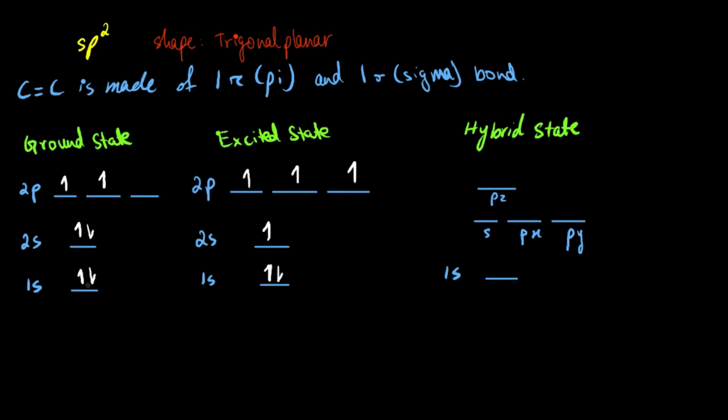Now in the ground state, again we are familiar with the diagram of the electronic configuration, and similarly in the excited state it is the same thing. Now in the hybrid state it is different in this case. What happens is the 1s orbital will have a similar configuration.